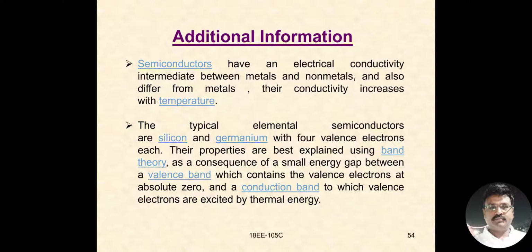Their properties are best explained using band theory, as a consequence of the small energy gap between a valence band, which contains the valence electrons at absolute zero, and a conduction band to which electrons are excited by thermal energy.